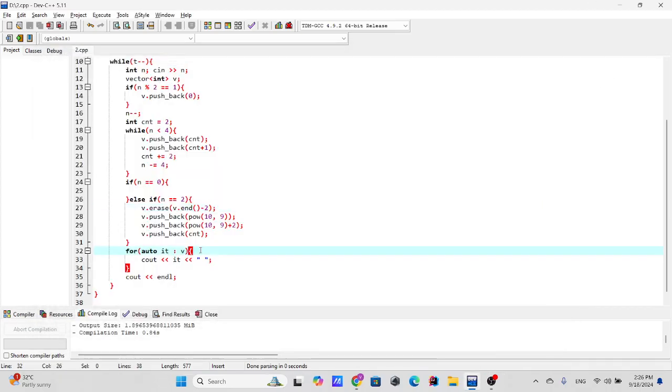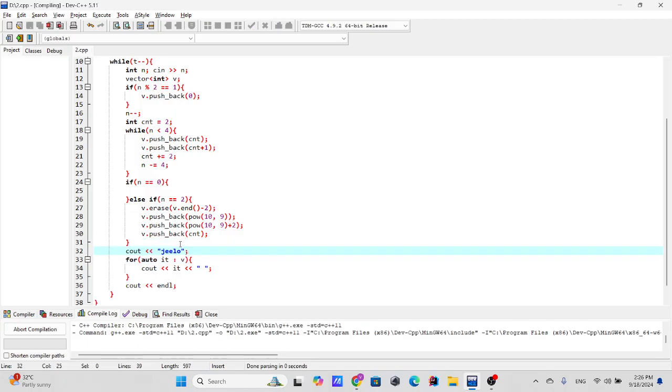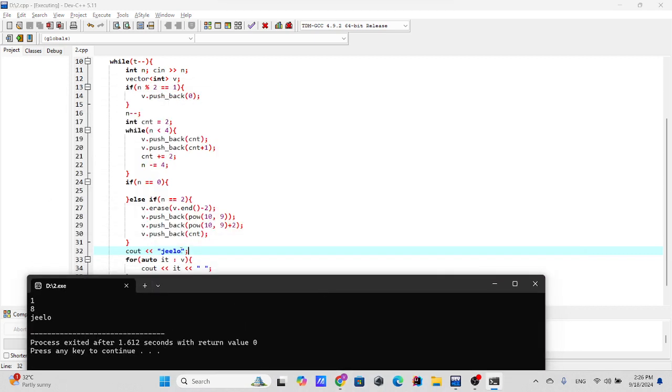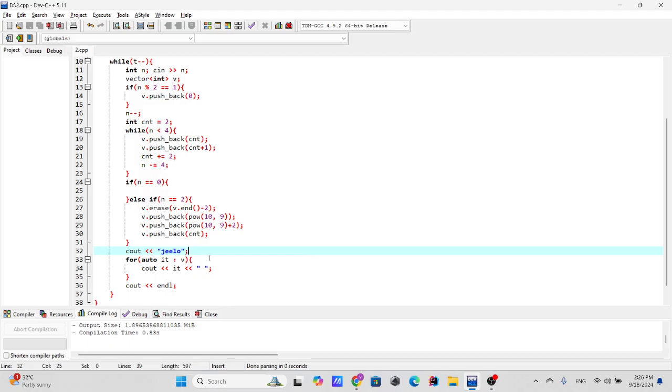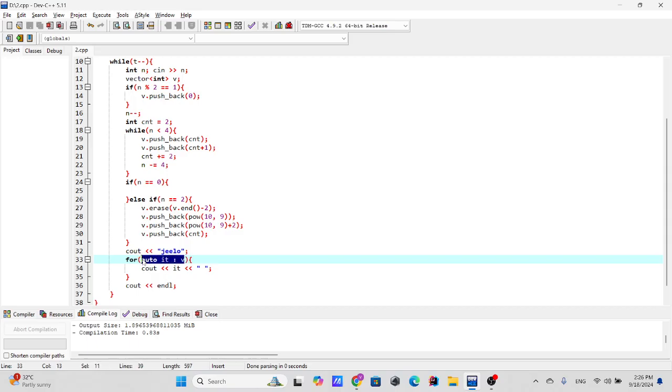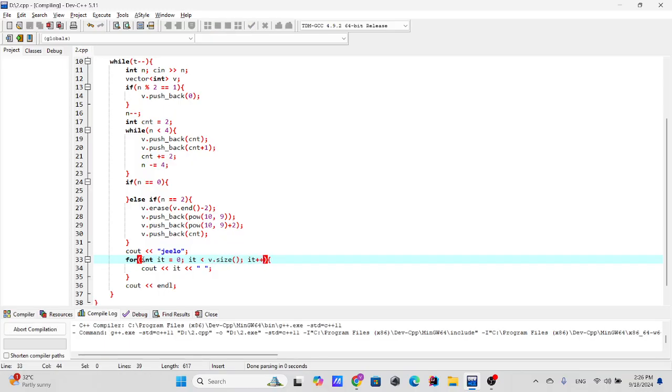Wow. Count hello. Yellow. It still runs here, but there's nothing in the vector. How about this?